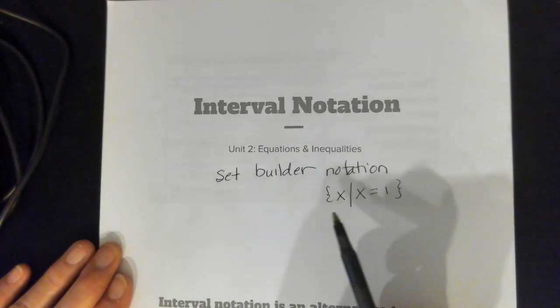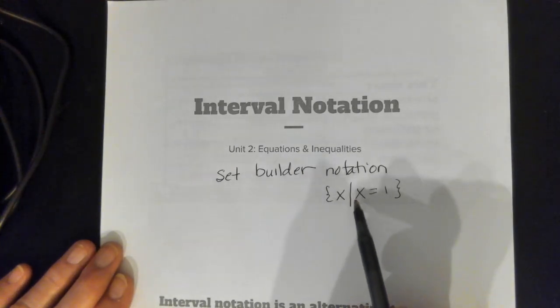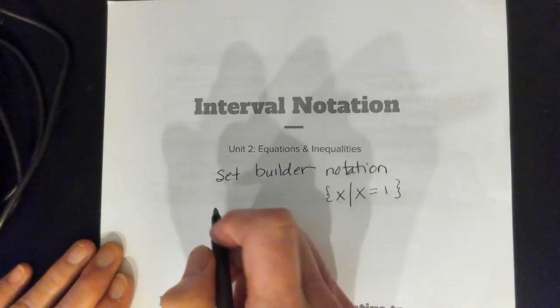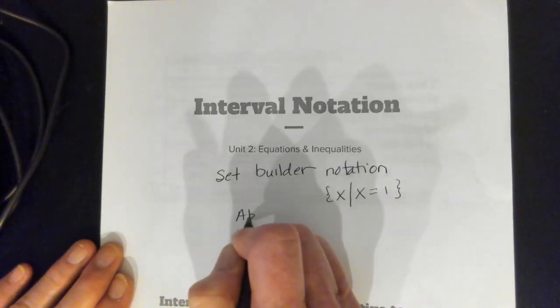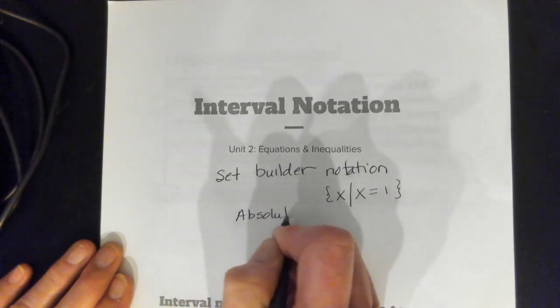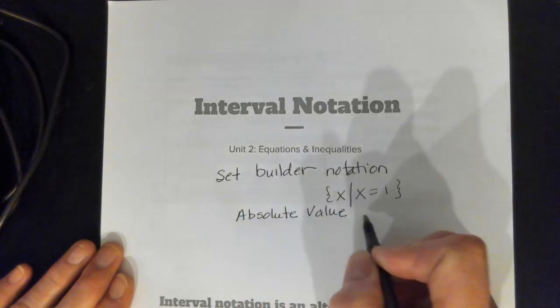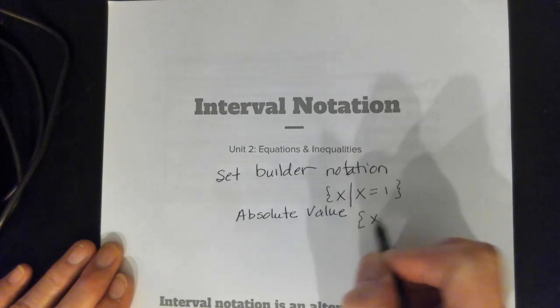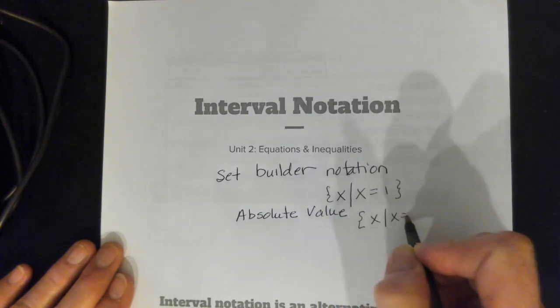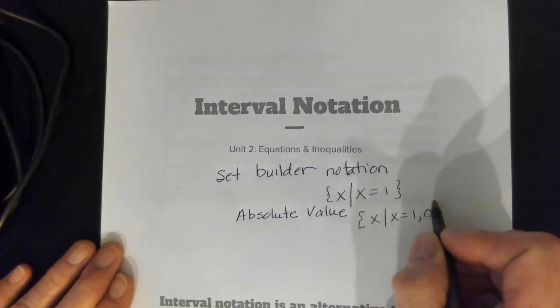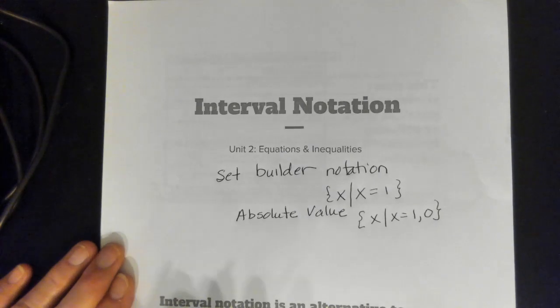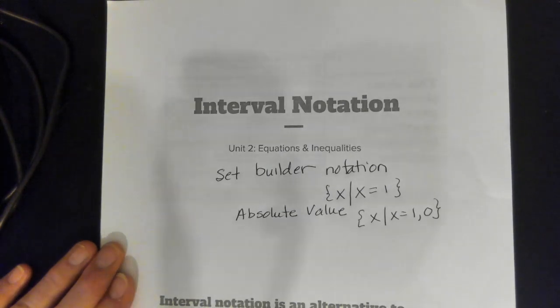It reads as the set of x such that x equals 1. If you need to do it for absolute value, you can use it as well: put the braces, x such that x equals, and then the two answers that you got for your absolute value equation.